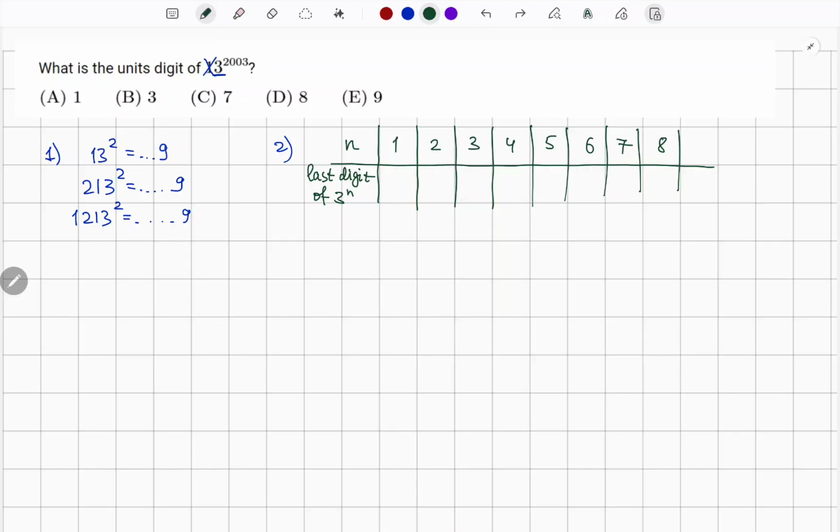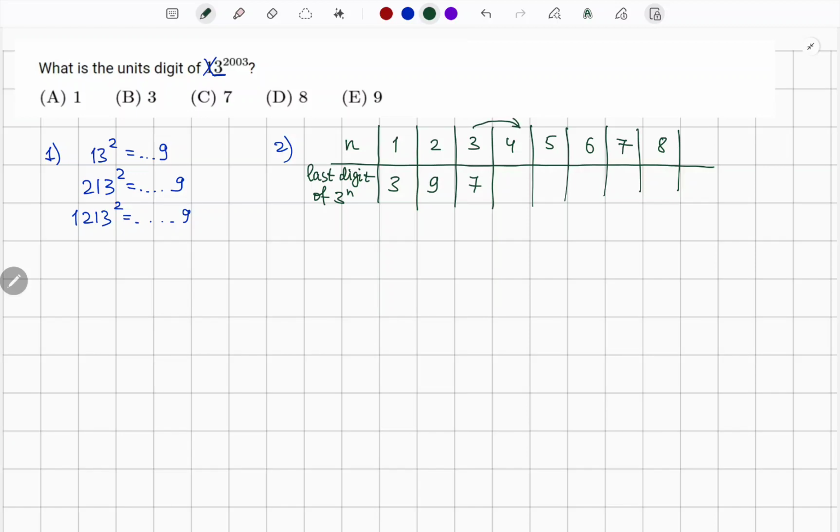So 3 to the power of 1 is 3. 3 to the power of 2 is 9. Next, what I do, I multiply the last digit of the previous power by 3, and I write the last digit only. So 9 times 3 is 27, but I write 7 only because I'm focused on last digits only.